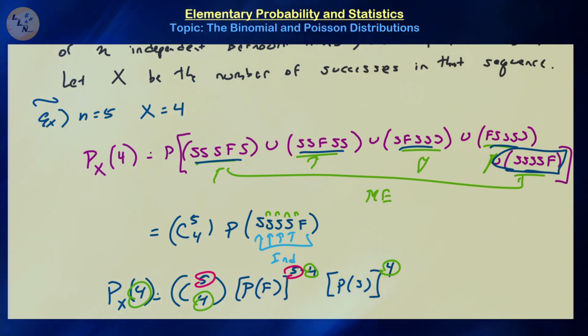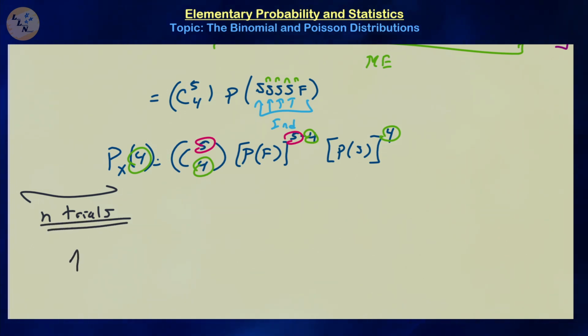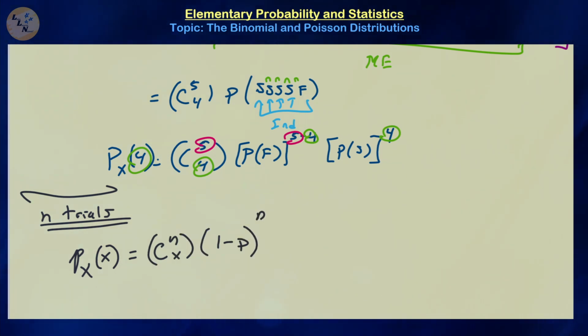So we can generalize this very easily. So if we have n independent Bernoulli trials, then the probability that we get x successes is going to be n choose x times the probability of failure to the number of failures times the probability of success to the power of the number of successes.